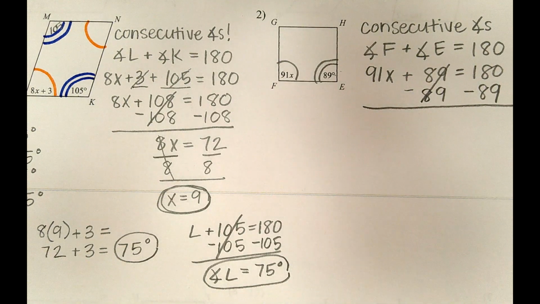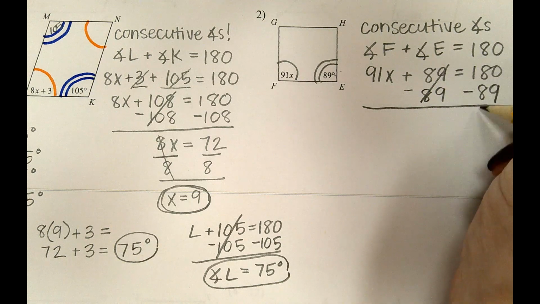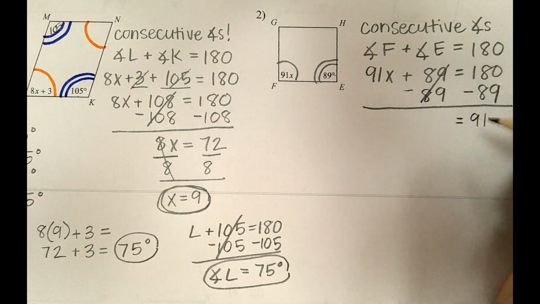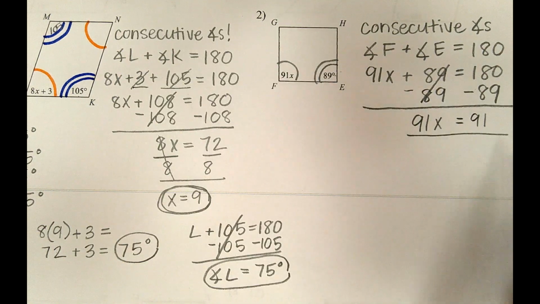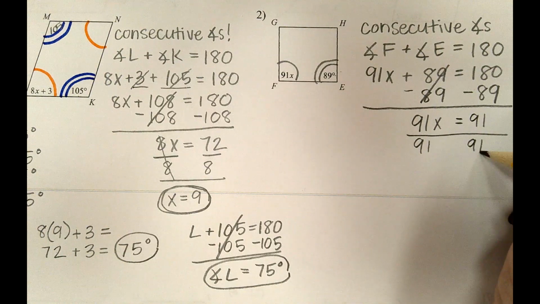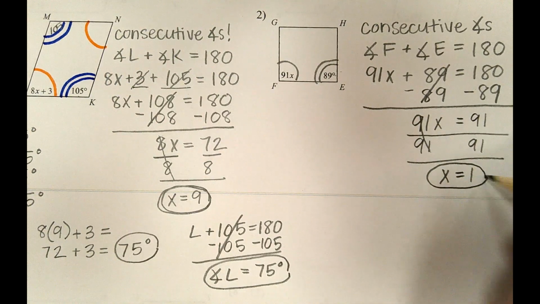Okay, so I subtracted 89 from both sides. You get 91. It says, you said 91? Yep. 91x equals 91, right? So x equals 1.